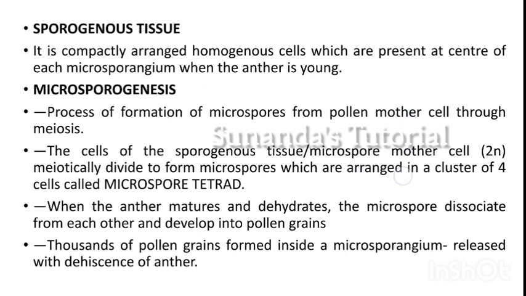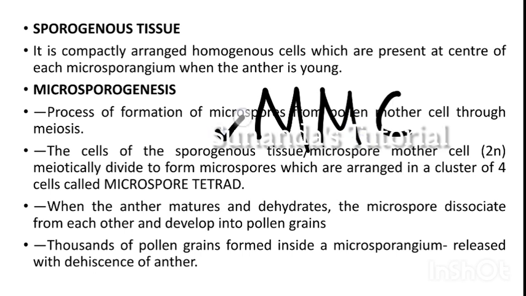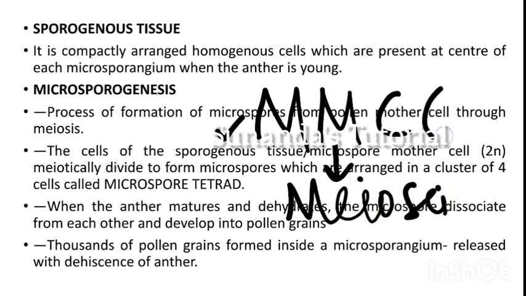Then sporogenous tissue. When the anther is young, a specialized cell behaves as the pollen mother cell or microspore mother cell, which is formed from this sporogenous tissue. Then it undergoes meiosis. This microspore mother cell is diploid in nature.